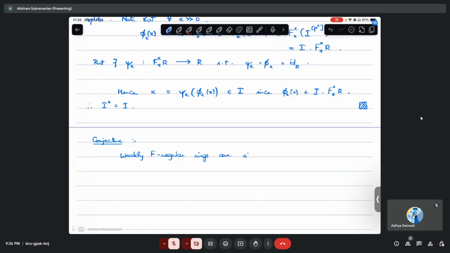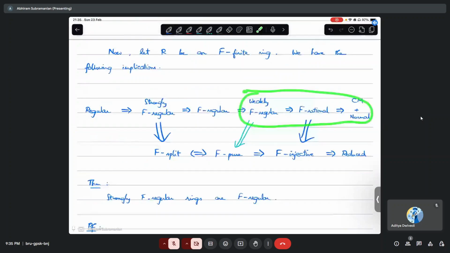Strong F regular implies F split. That is also true from the definition, because the equivalent condition is: R is F split if there exists e greater than 0 such that the map taking 1 to F^e_* 1 splits. But strong F regularity says that for all c in R naught, the map taking 1 to F^e_* c splits.